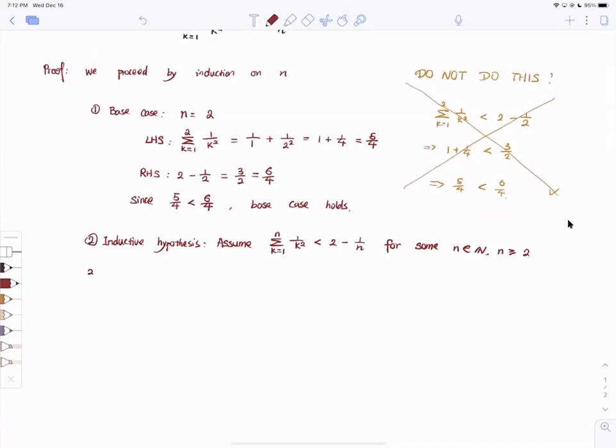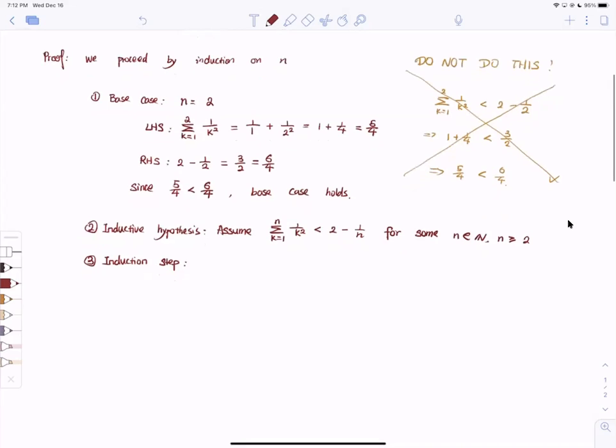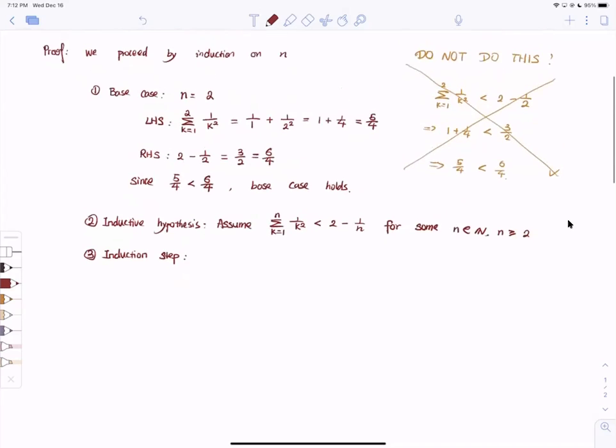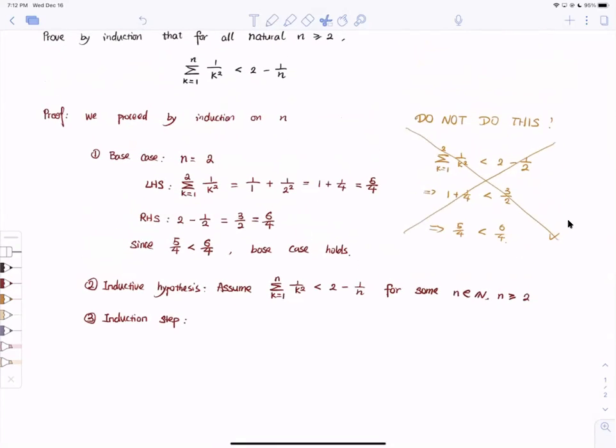All right, so now our induction step. We need to show this is true for n plus 1. So let's write the left-hand side: the sum from k equals 1 to n plus 1 of 1 over k squared.